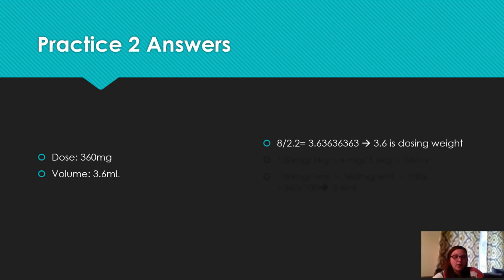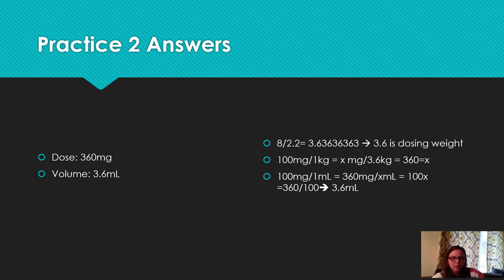So with that in mind, that the dosing weight is 3.6 kilograms, we have 100 milligrams per 1 kilogram, which is how I set mine up, which is then equal to X amount of milligrams over 3.6 kgs, which is equal to 360, which is equal to your X, okay? And if I was writing this, it would be in fraction form.